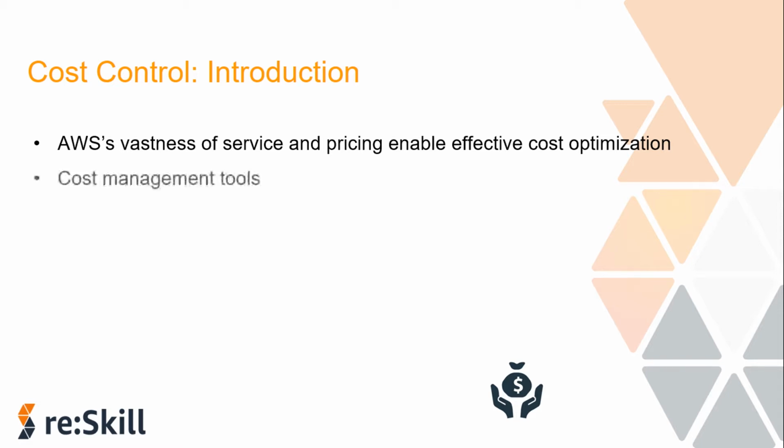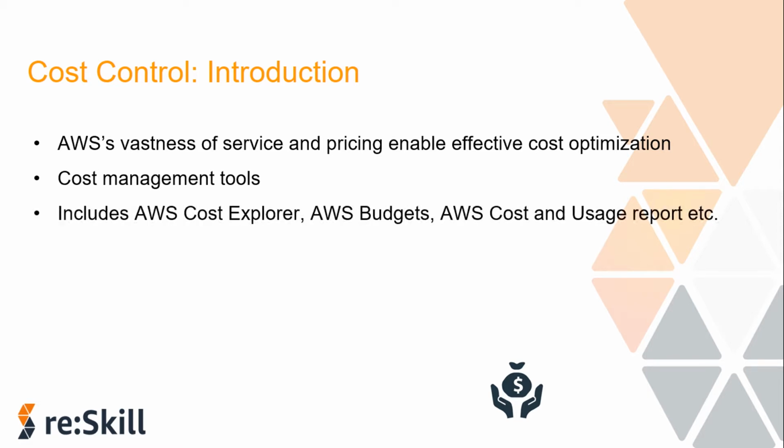AWS provides a plethora of cost management tools which provide different kinds of insights. We will go through each cost saving strategy while studying the associated cost optimization services, which include AWS Cost Explorer, AWS Cost and Usage Reports, AWS Budgets, Cost Anomaly Detection, etc.